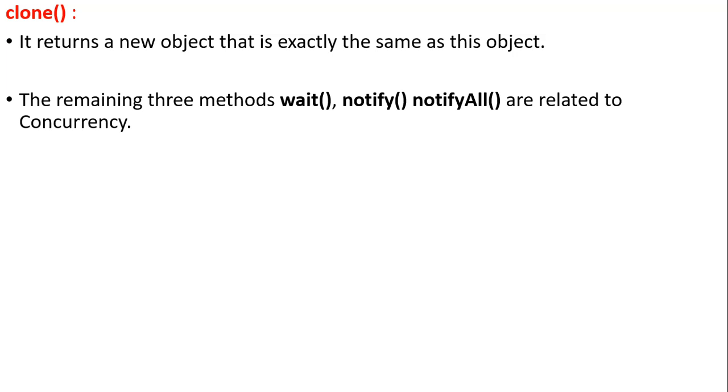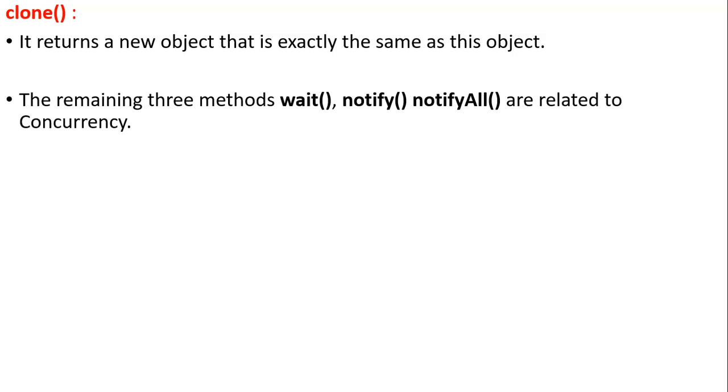If any faculty provides material, or if it is a reference book in a library and you want to make a copy, like a Xerox, then for that purpose we can use the clone method, to create a new object which has the same copy as the old one.